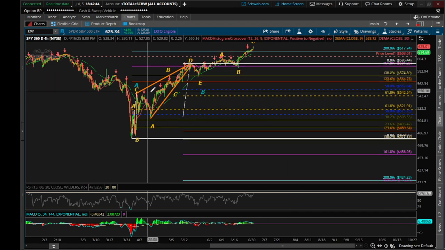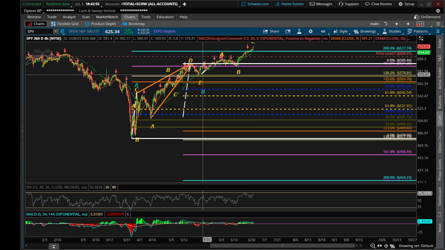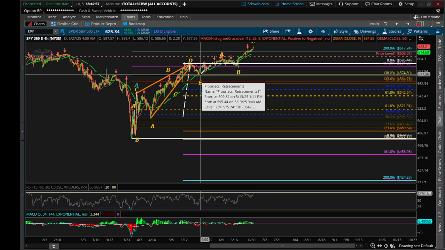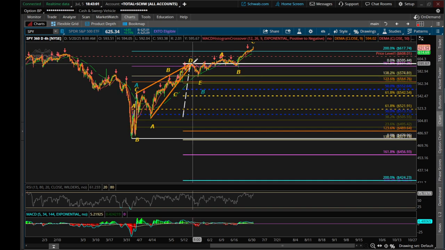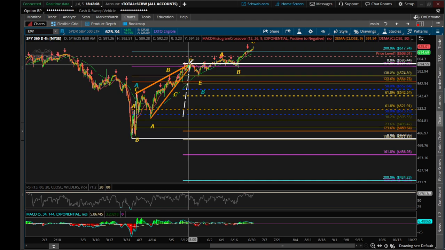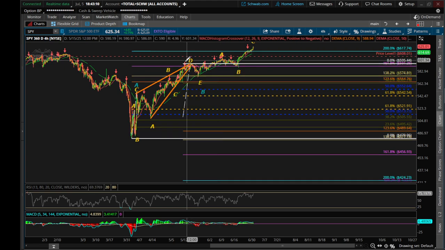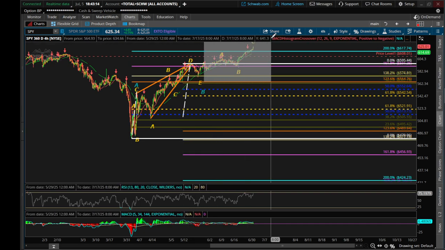So anything past the A is usually what I am looking for, but because this was a triangle and our B is up here, our C wave didn't start till 577, but we have to go past this D leg. With triangles it gets a little bit more complicated, so just trust me that we're looking for any fib past this 597 level. Okay, so I'm going to zoom in here.